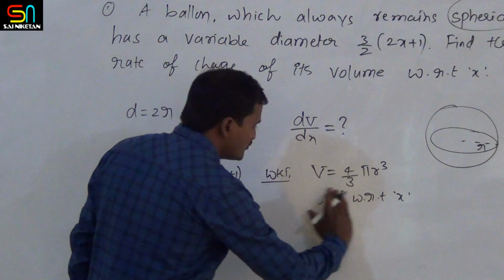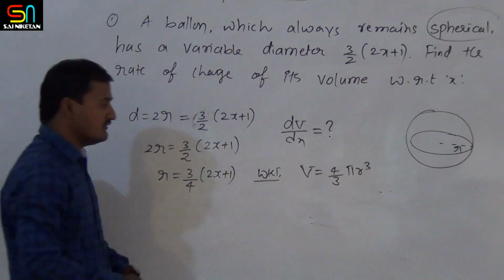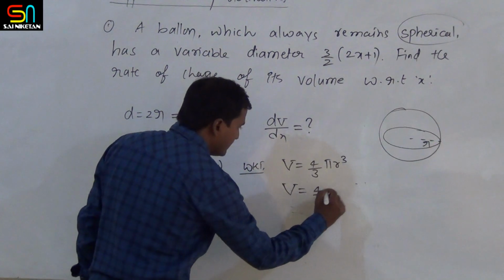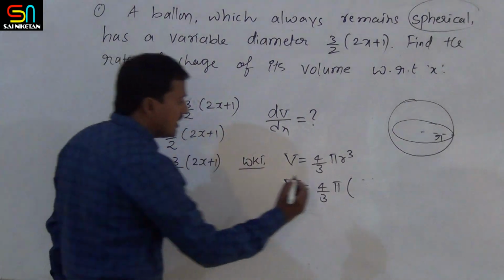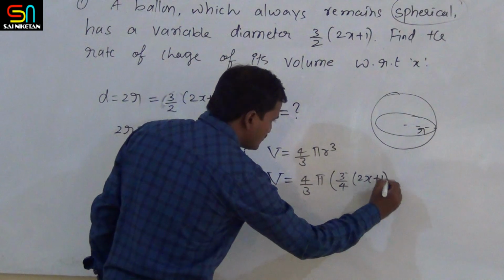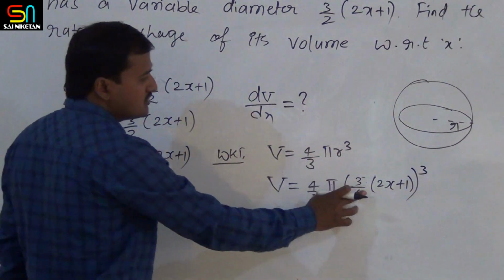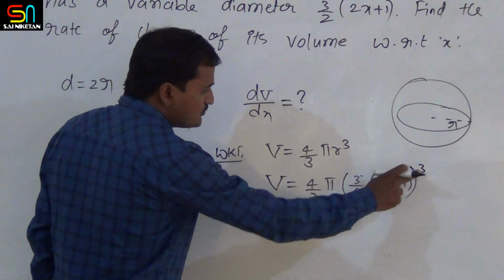But before differentiating this, you should substitute the value of r. So what is the value of r here? V is equal to 4 by 3 pi into, r is 3 divided by 4 into 2x plus 1, whole cube.